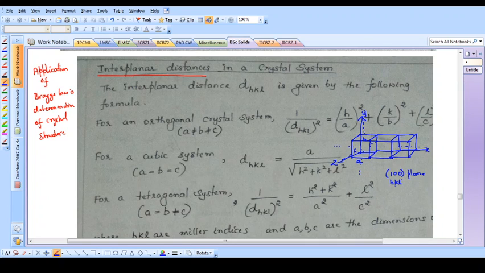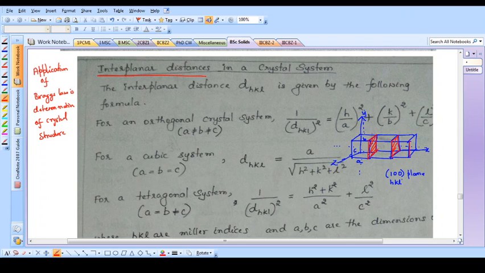So where do we have our 100 plane? In each unit cell we can recognize a 100 plane. So this is a 100 plane of the first unit cell. This is the 100 plane of the second unit cell.